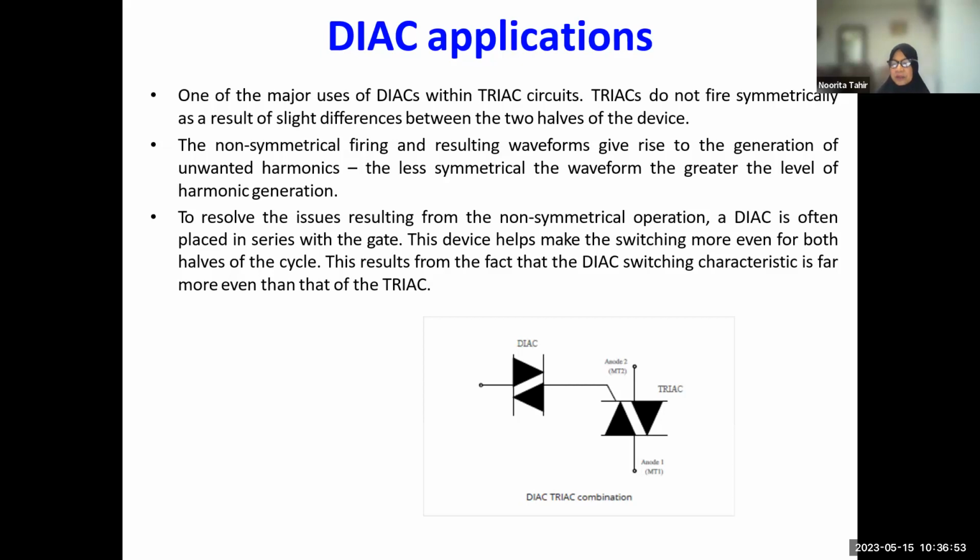This results from the fact that the diac switching characteristic is better than our triac. The diac can prevent any current flowing until the trigger voltage has reached a certain level. This makes the firing point of our triac more even, much better in both directions, positive and negative. In view of the usefulness of this combination, a diac may often be built into the gate terminal of the triac.